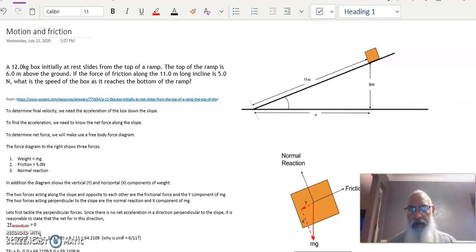I have drawn some diagrams here that I'm going to use in explaining what's going on. The first diagram just shows the scenario: there's an 11-meter long ramp. The box is 6 meters high at the point where it starts sliding, and we don't know what the angle of inclination is, which you'll see we don't actually need given the information that's given, but just for the record, we do not have the angle.